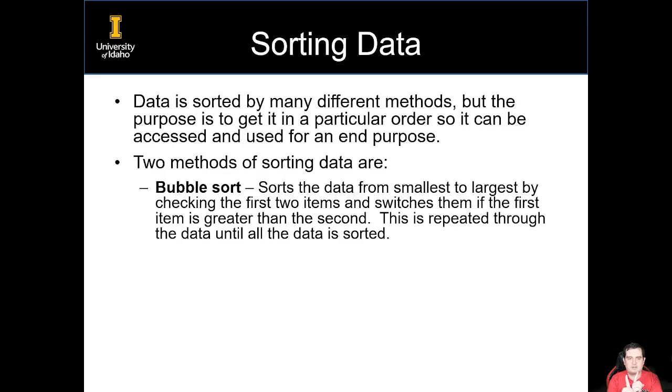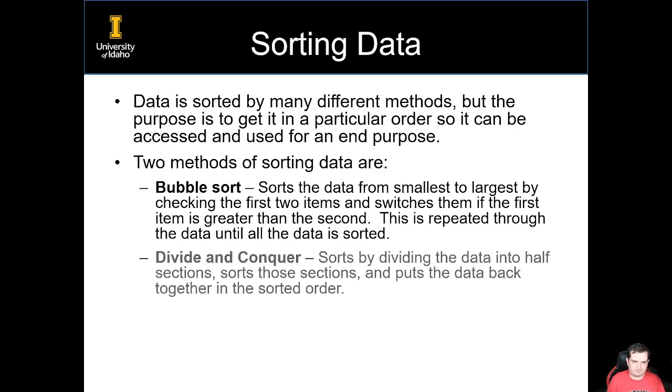And then this is repeated. So it checks these 2 and says, is this one bigger? Yes. Okay, switch them. Then it says, okay, this is the second item and the third item, check them. Is this one bigger? Yes. Okay, switch them. And it just continues down the line. It goes back or restarts and checks them again.